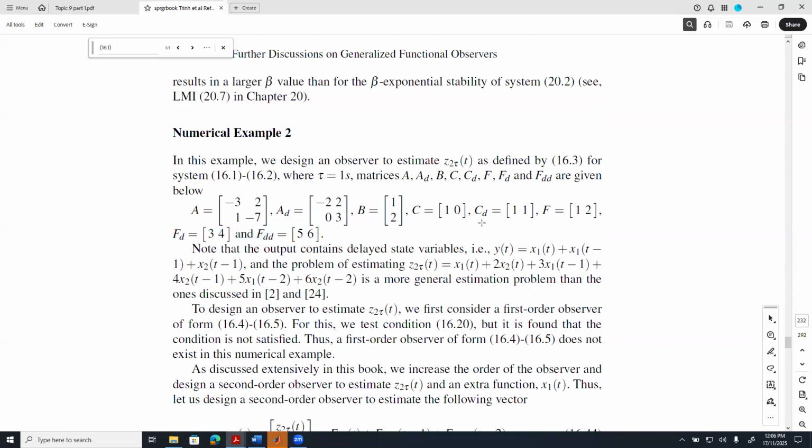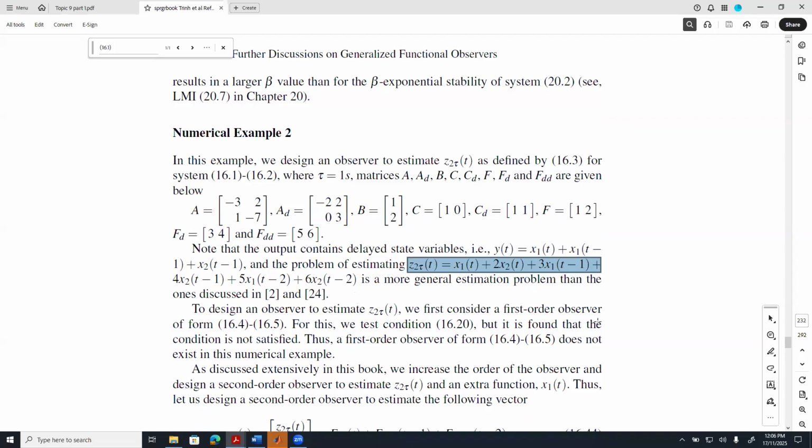And the output contains the intended state variable and also the delayed state variables, which is given in here. So this is a very general functional.